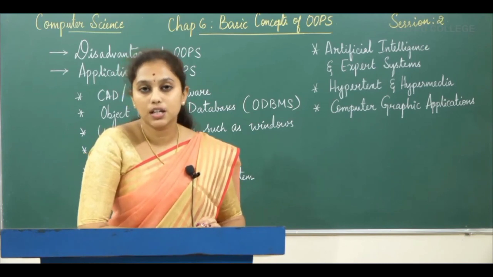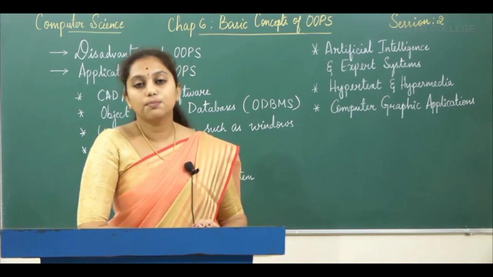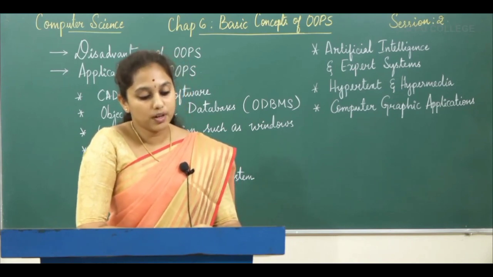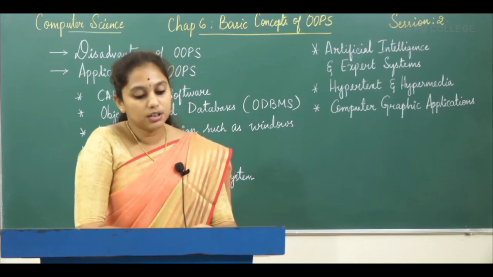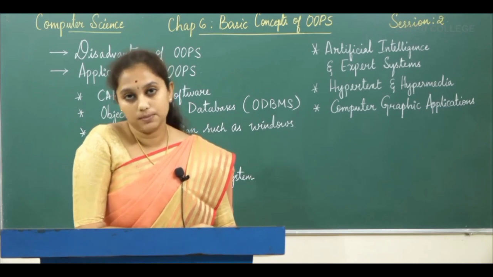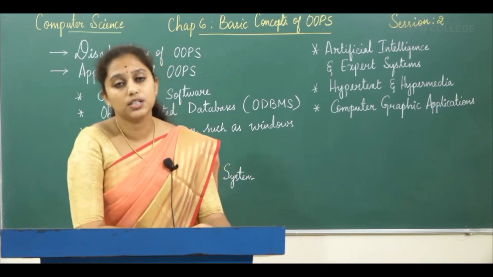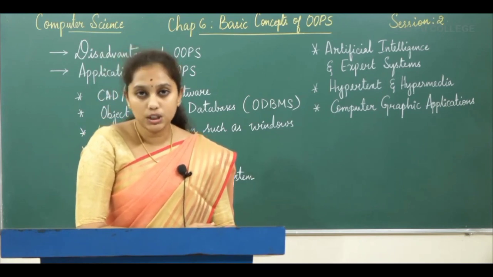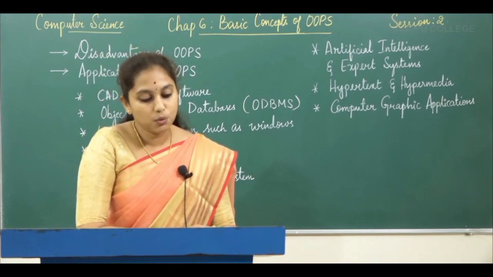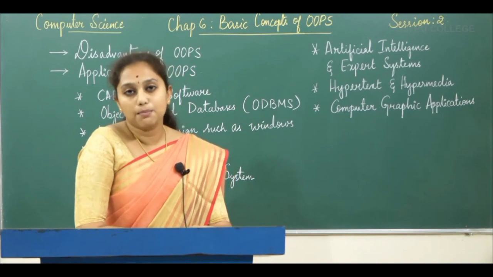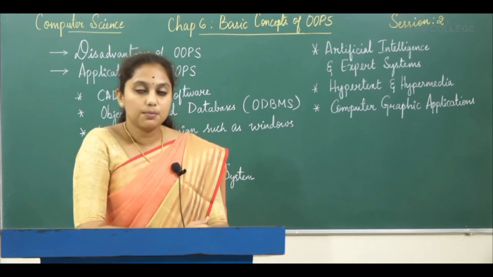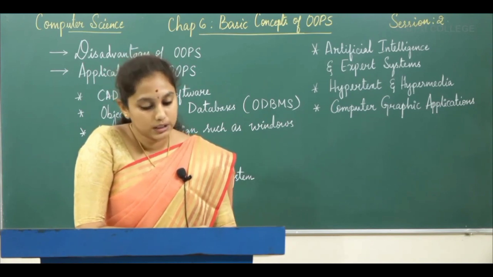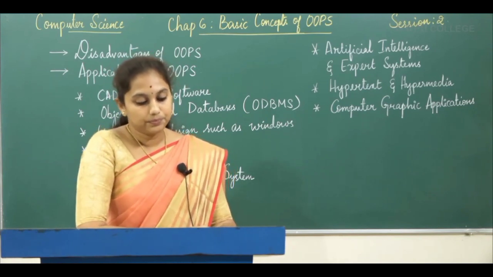Class is a collection of objects having the same features. Fourth question is, define the term data abstraction. Data abstraction is nothing but hiding the background details from the user. Fifth question is, what is encapsulation? It combines both data and functions into a single unit called class.